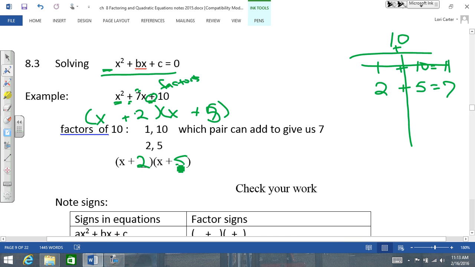All right, can you check your work? When you multiply this, what's x times x? X squared plus 5x. Now we take the 2 through: 2x plus 10. Add them up, and we've got x squared plus 7x plus 10.